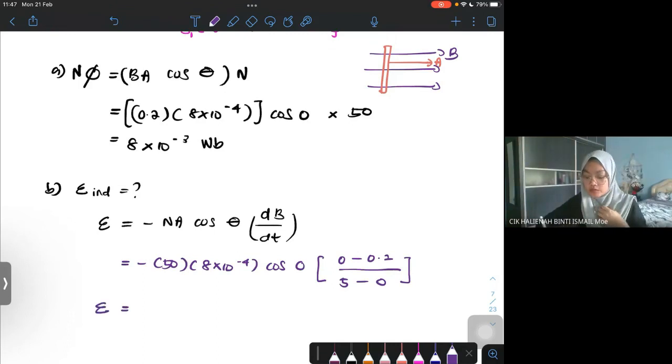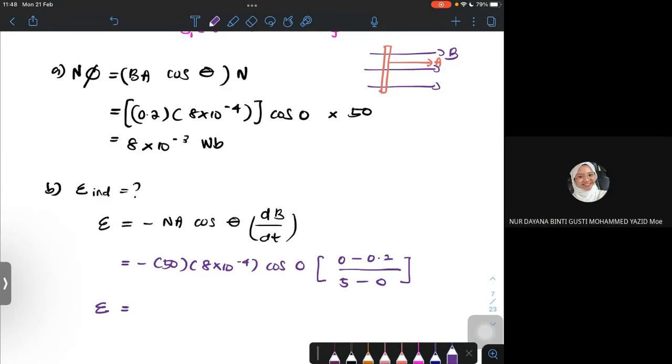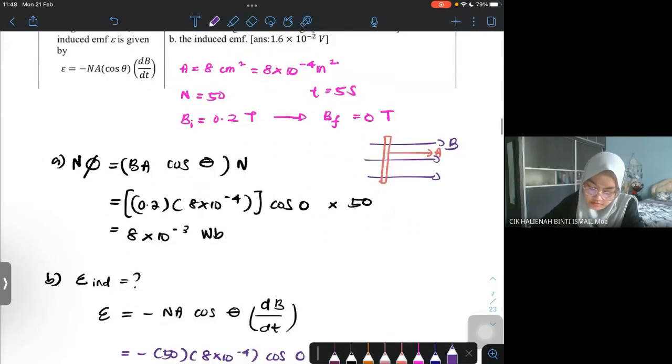So for induced EMF you will get... Miss, isn't the time 0.50? 0.5. Oh, sorry. This one, right?